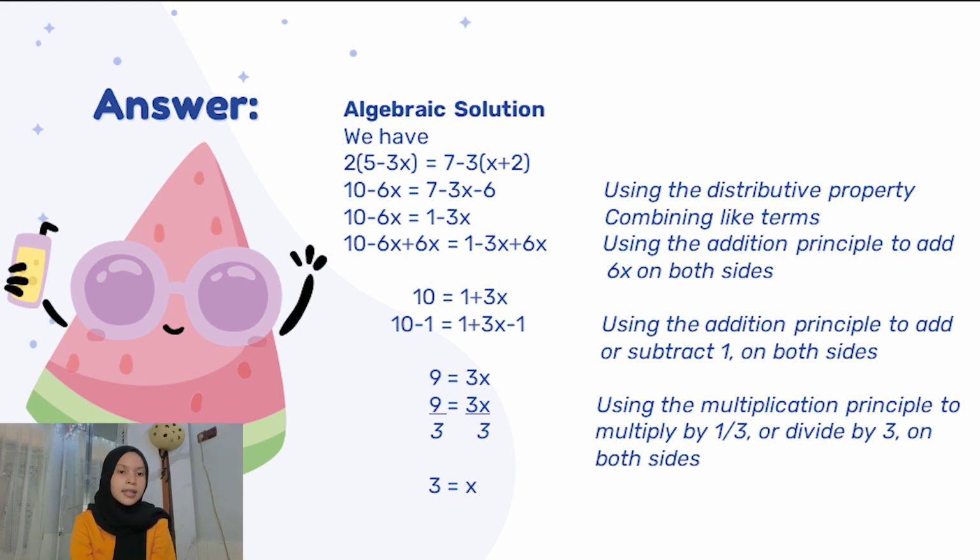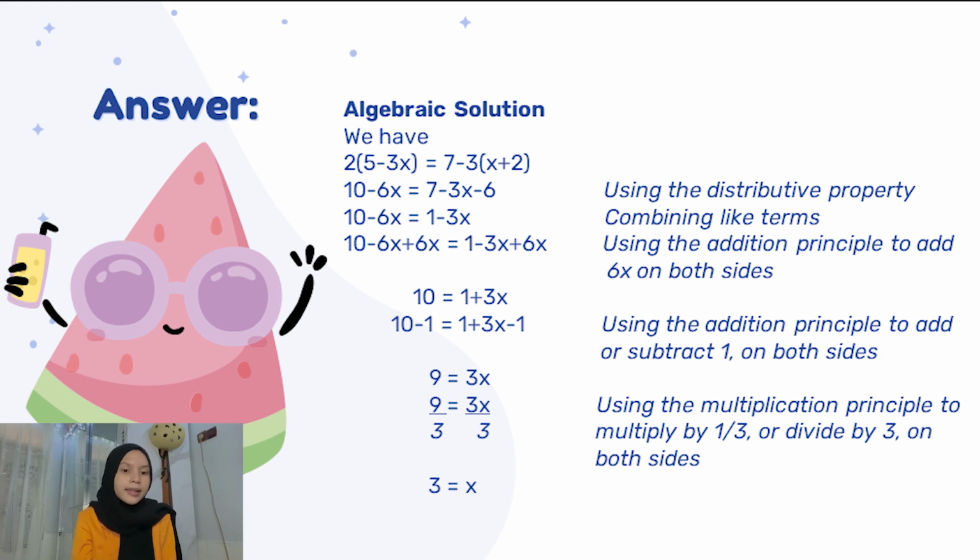Then 3 is multiplied by 2, becomes 10 minus 6x equals 7 minus 3x minus 6, using the distributive property. After that, 10 minus 6x is left, then 7 minus 3x minus 6 gives 1 minus 3x, because 7 minus 6 becomes 1. So 10 minus 6x equals 1 minus 3x, combining like terms.